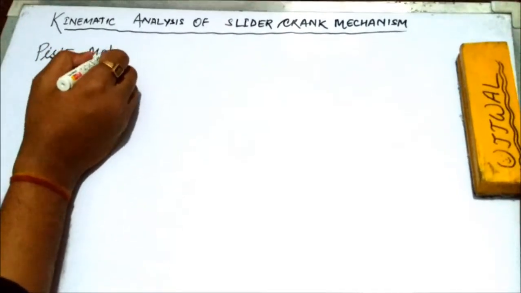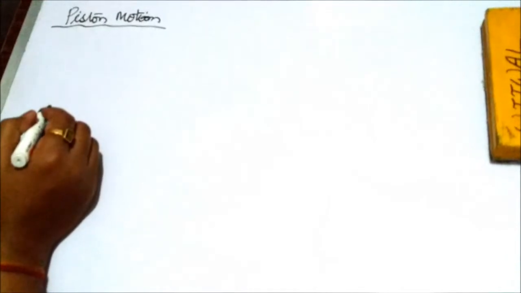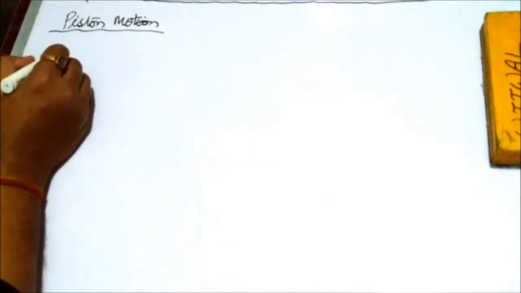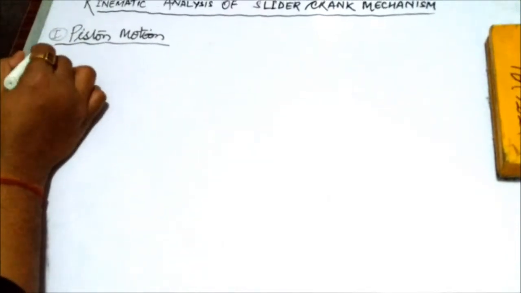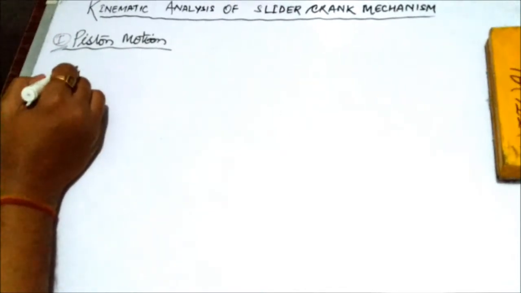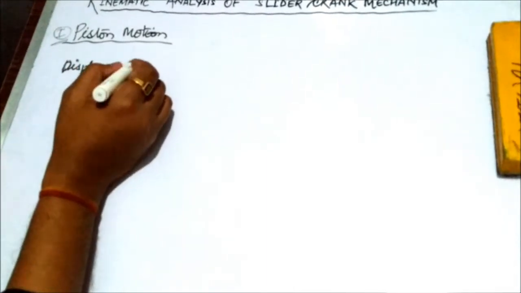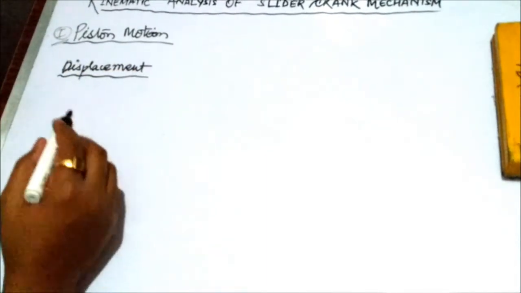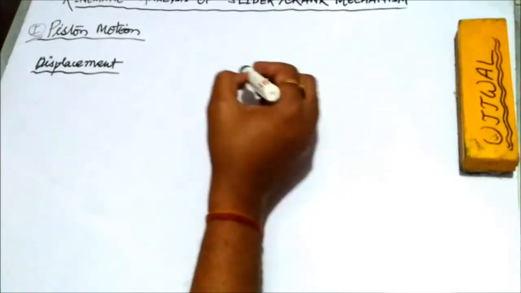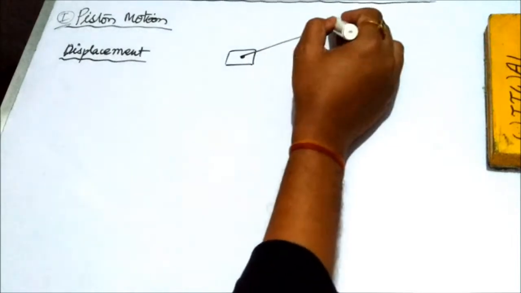Okay, now first we will see the piston motion. Our first analysis will be on piston motion. Now first we have to find out the displacement. We have to find out the displacement of a piston, that is, how much the piston is displaced at any angle theta.